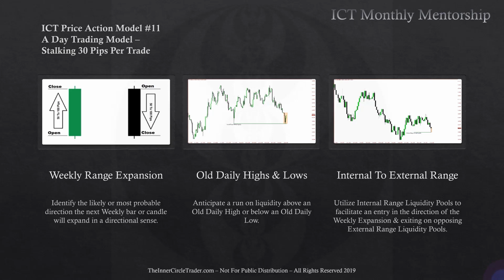But I kind of want to talk a little bit about how we don't need the weekly range expansion or the targets that would contribute to why we would expect the weekly range to expand bullishly or bearishly and still find setups. Okay, so again, it's not about being right. It's not about being accurate all the time.